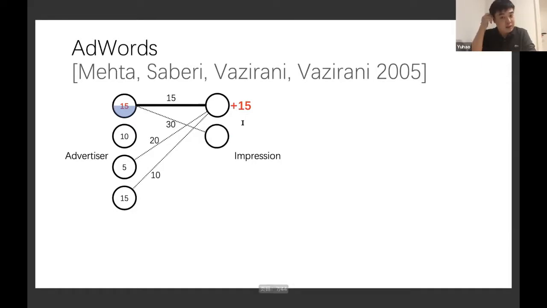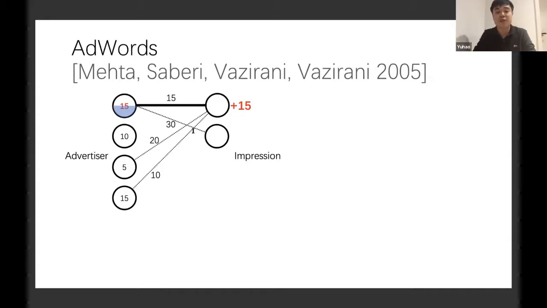In the second round, there's only one edge, between the first ad and the second impression, and the weight is 30. But because $15 of the budget has already been used, only $15 remains.